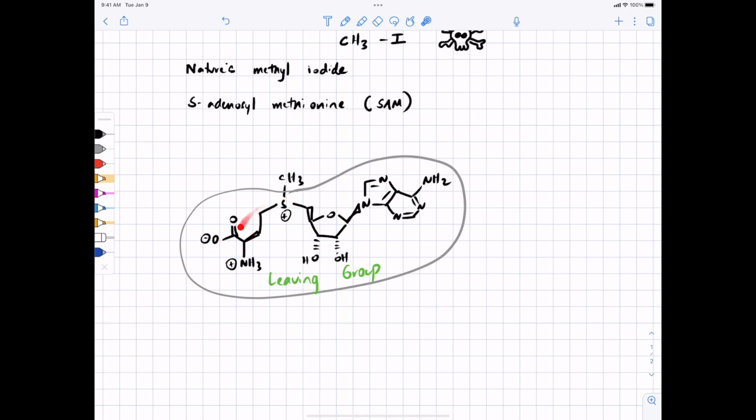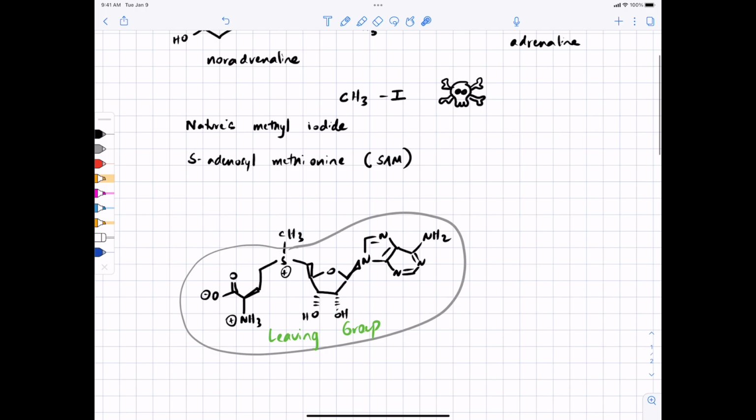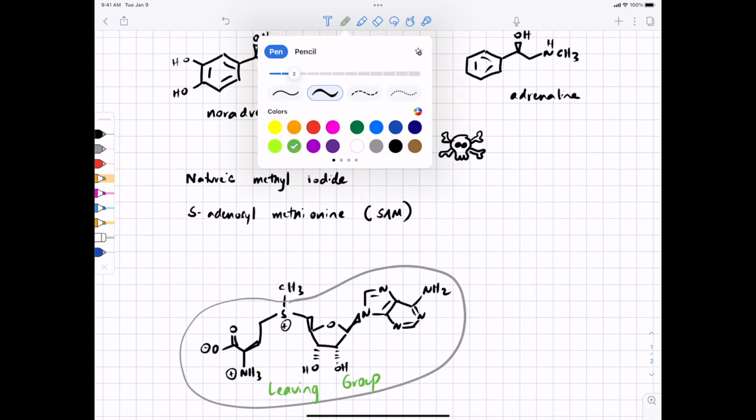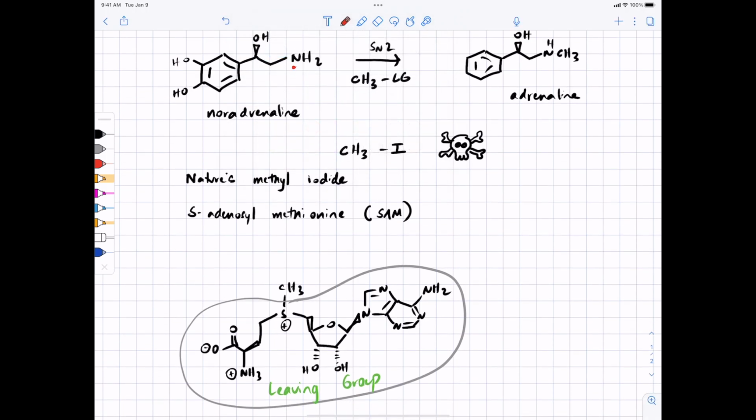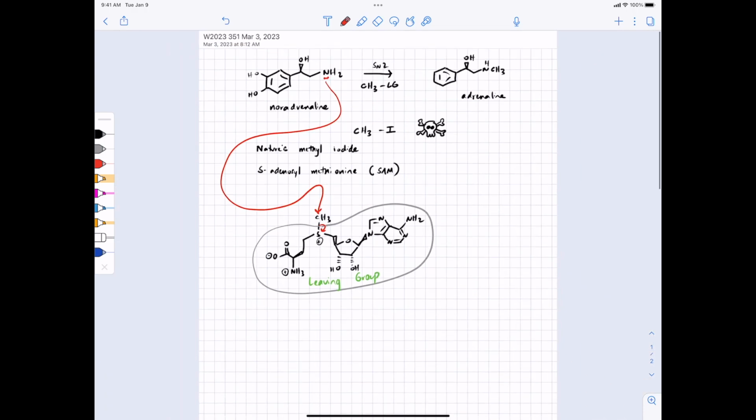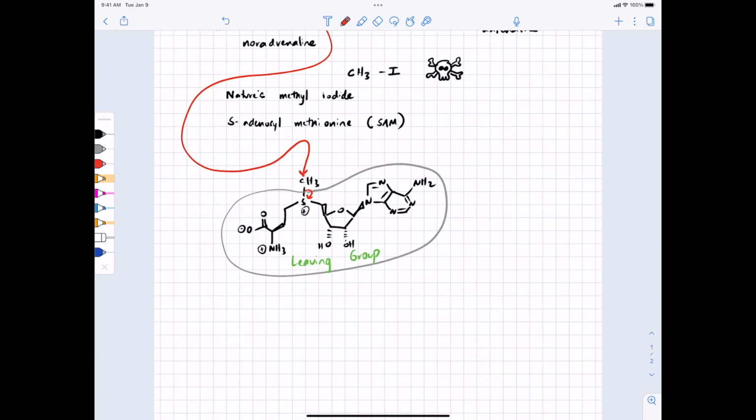Well, this particular amino acid is methionine, and so it uses this section of the molecule for other purposes, but it can turn it into a methyl transfer reagent by adding this group. Some of this is related to the enzyme holding on to the molecule, but in any case, this is the reagent for the conversion of noradrenaline into adrenaline, SN2.